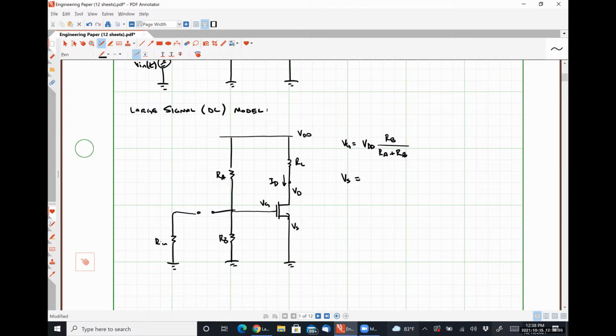Our source voltage here is going to be 0 volts by inspection because we have it directly connected to ground. And from this, we can then say that our gate source voltage, which is what tells us how our transistor operates, is exactly equal to VG.